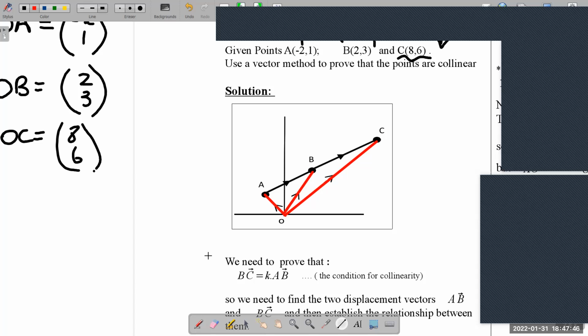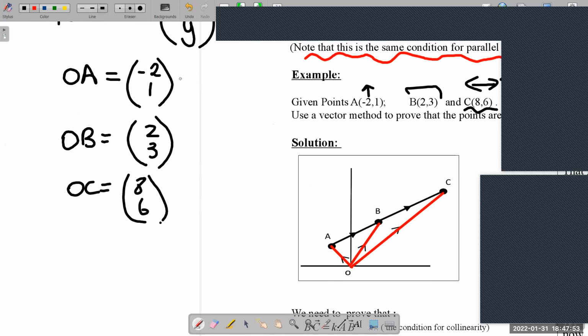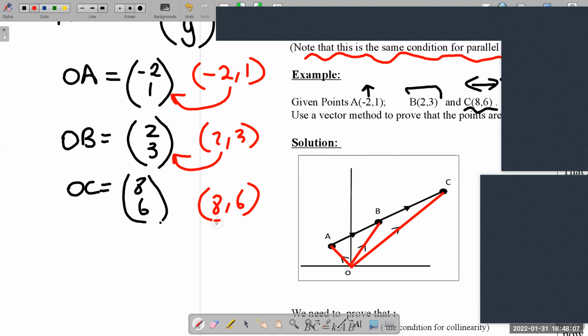But do you kind of understand the whole concept of moving from the origin to the points and how you represent each vector? So all you did was take this in this form and change it to that. You took 2, 3 horizontal form, you change it to that. You took 8, 6, and you change it to that. That's literally it. All right.